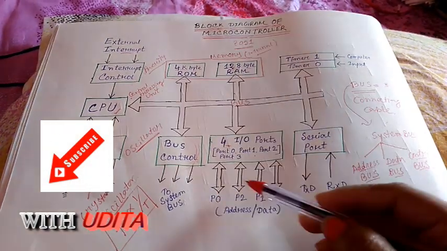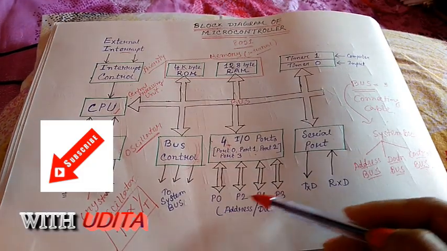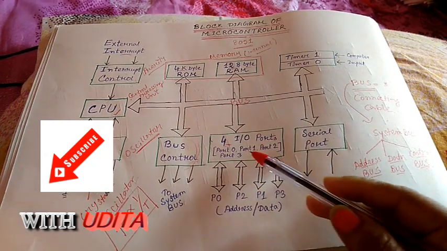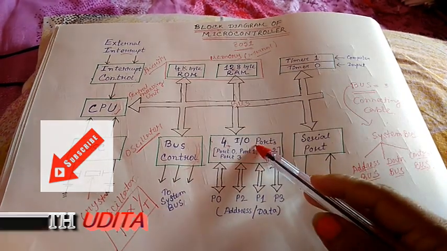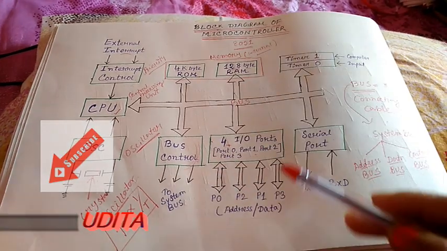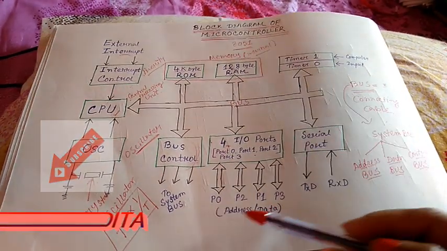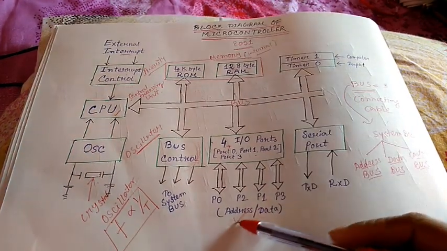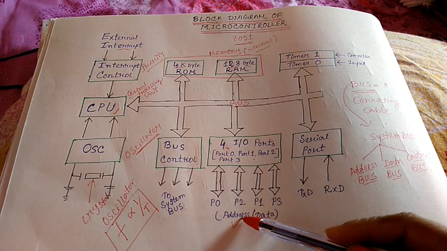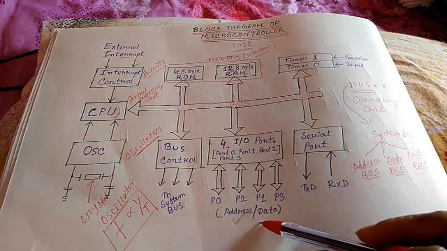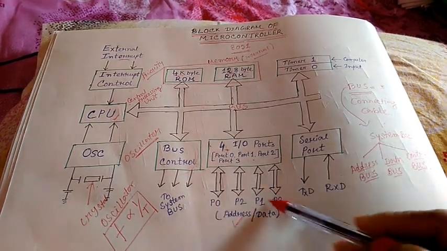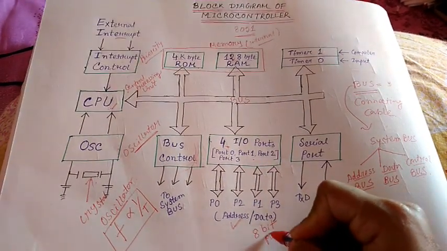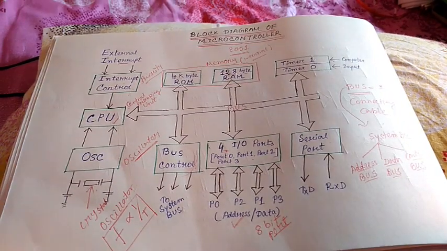P0, P2, P1, and P3 are all 4 ports, and all 4 ports are connected to the input output ports, and that can accept the data or send the data from any address location of the memory or any address location of the peripheral unit, and these P0, P2, P3, P1 are also the 8-bit ports which are connected through the input output ports block to the 8051 IC.